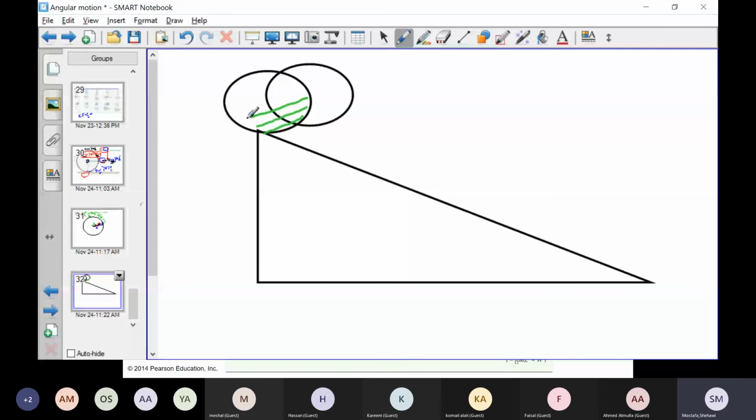I want you to think. The question is, which one of these will reach the bottom first? Are they going to reach the bottom at the same time, or one first? This is shell, and that is solid.